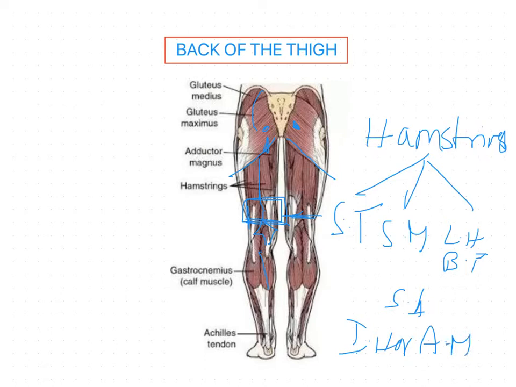Adductor magnus we have already finished. These are all the muscles present on the posterior thigh.